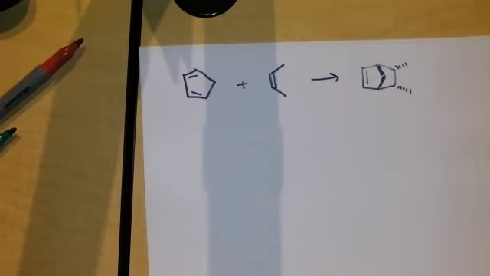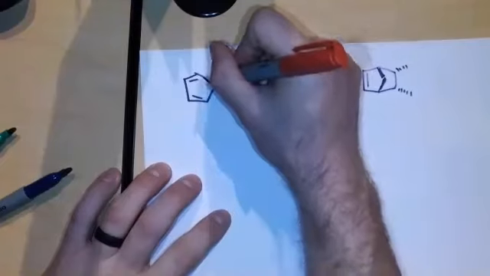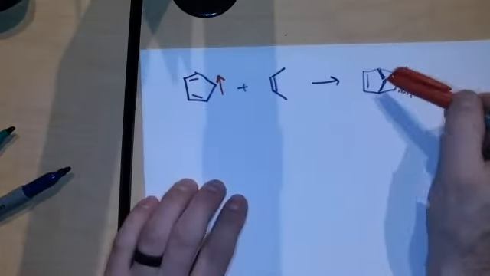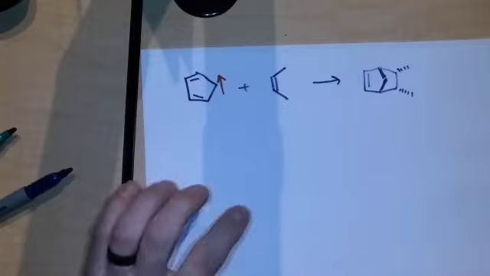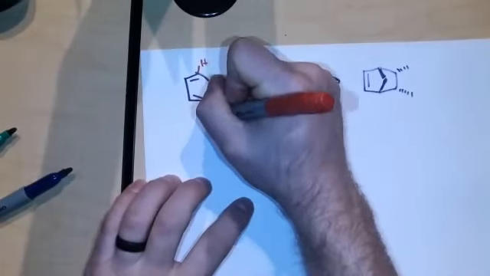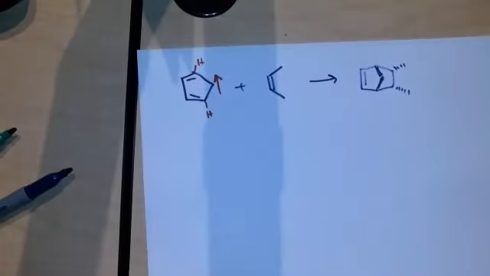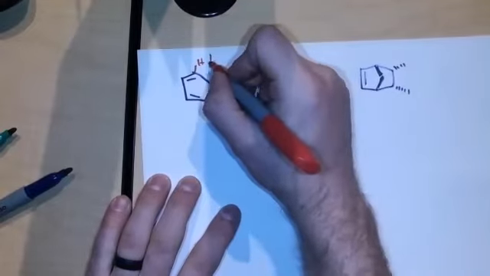So something we didn't really talk about is, when we do this reaction, this middle is getting pushed upward, and that's why it's showing up as wedges here. There are also two H's on the ends here, and they are getting pushed downward when this happens.